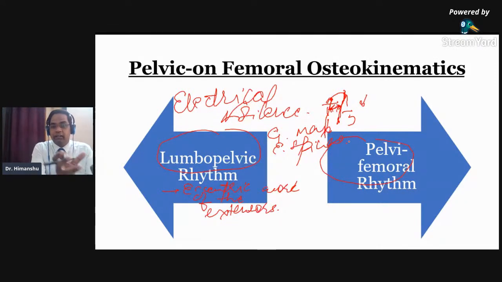When the lateral tilting of the pelvis and the lateral bending of the lumbar spine compensate for the increased range of abduction, that is known as pelvifemoral rhythm.